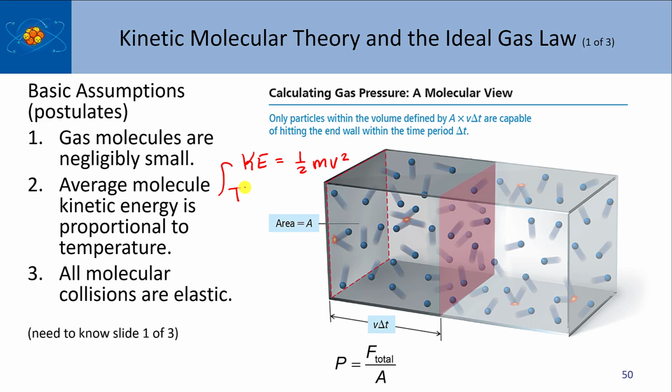So T is proportional to kinetic energy, and vice versa, which is proportional to the velocity squared and the mass. Now, what that means is as you heat a gas, the molecules of the gas, or the atoms in the gas, will move faster, not proportionally faster.